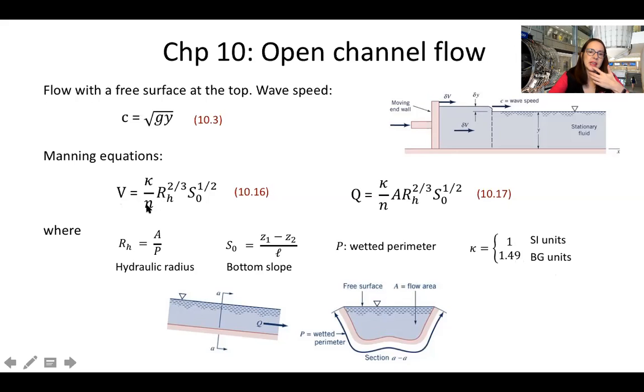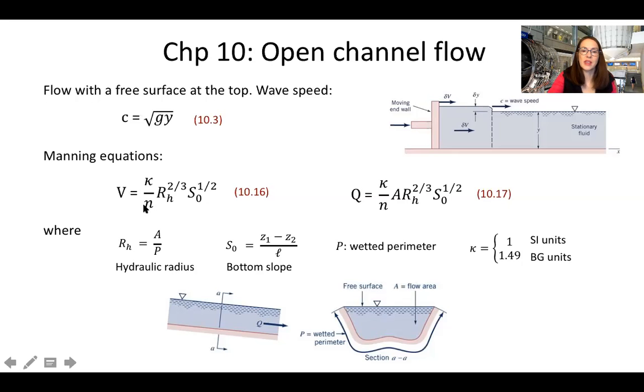And then you've got Manning's coefficient n, which is tabulated. I actually didn't include it in the slides, but I believe it's table, let me look, before you quote me on this, I want to say table 10.1, but I don't want to be wrong. It is. It's table 10.1.